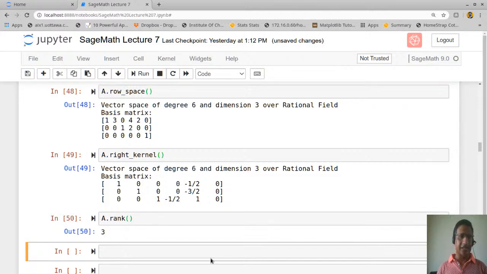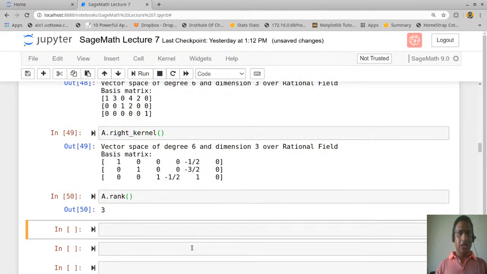You can take the transpose of the matrix A, apply Rref, and then choose the non-zero rows. There is also a notion of what is called the extended echelon form. That also gives you all these 4 spaces, right?